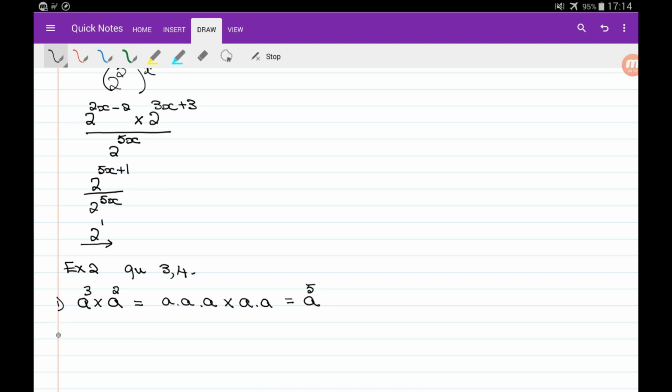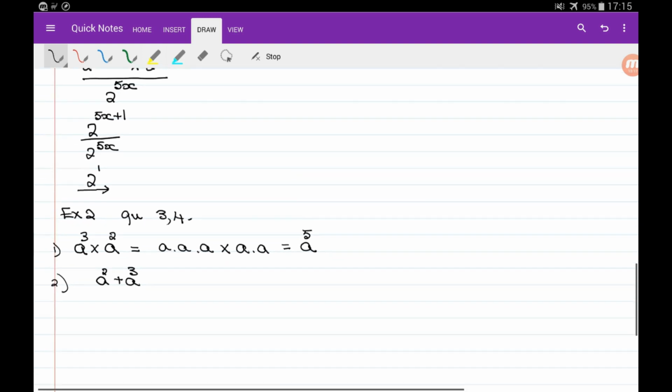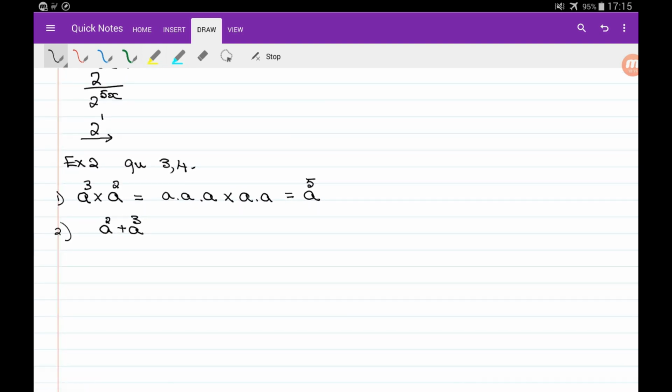However, if you get an example like this that says a to the power of 2 plus a to the power of 3, you cannot simplify that at all because a squared and a cubed are not like terms and therefore we cannot tidy that up at all.